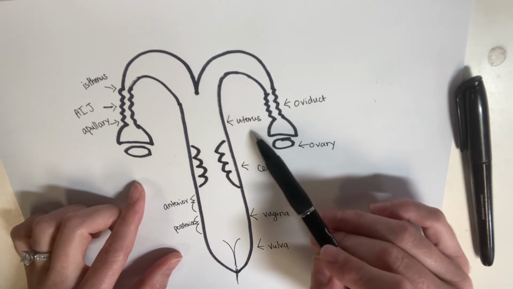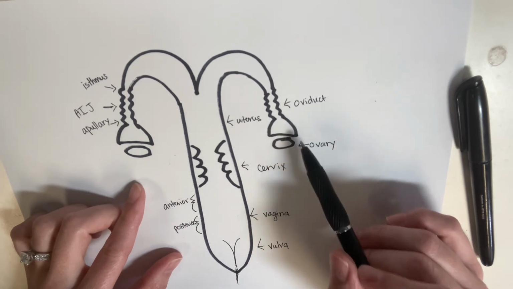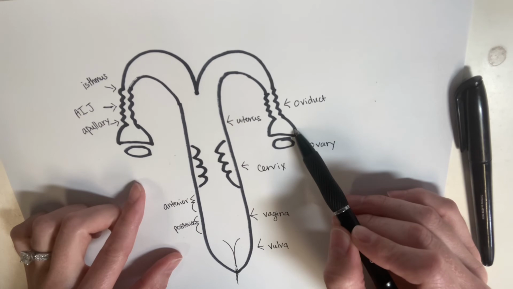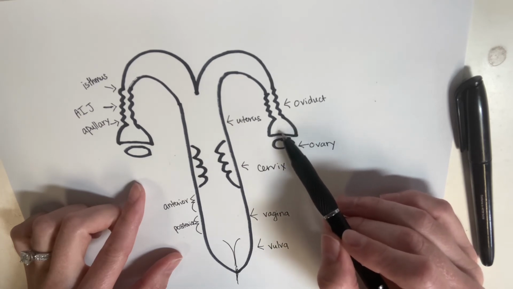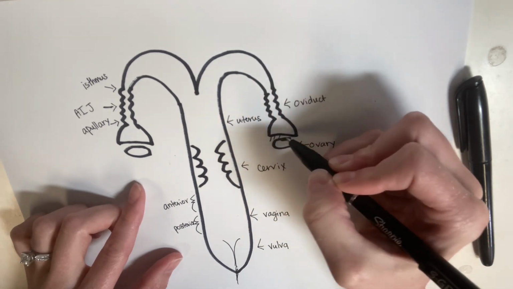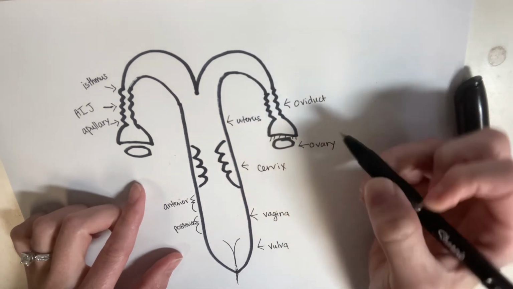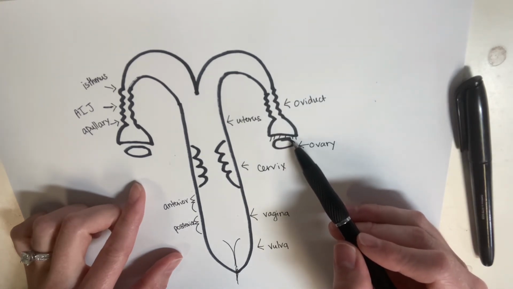Next, you may be asking, well, what's this funnel shape structure that we have right here? Well, this is the infundibulum. So the infundibulum aids in capturing the egg. And we also have these little finger-like structures that would be connected to the bottom of the infundibulum called fimbria.